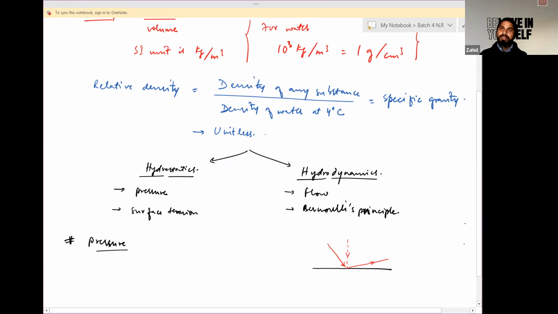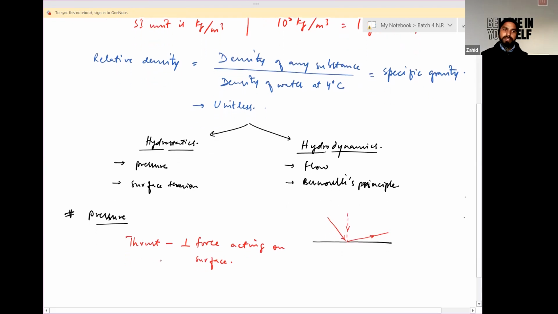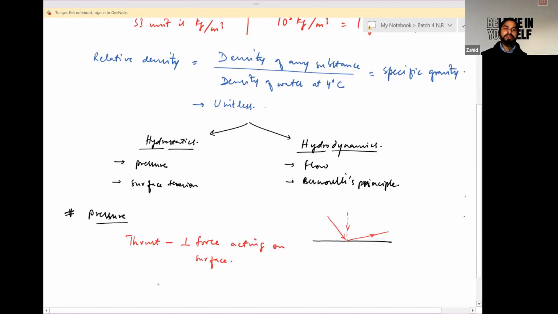So if force is perpendicular over that particular surface, then this force is termed as thrust. So thrust is perpendicular force acting on a surface. Pressure is defined only for this particular thrust or for force which is perpendicular to that surface area.